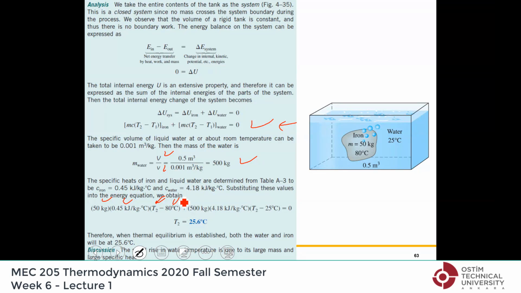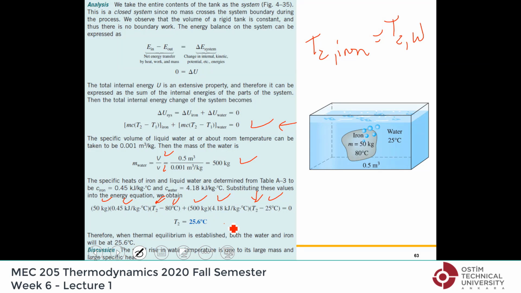For water, mass is 500, specific heat 4.18, initial temperature 25. T2 we don't know, we just leave it, but it is the same T2. Okay, so T2 iron is equal to T2 water. So we have one unknown there, and you can solve it.